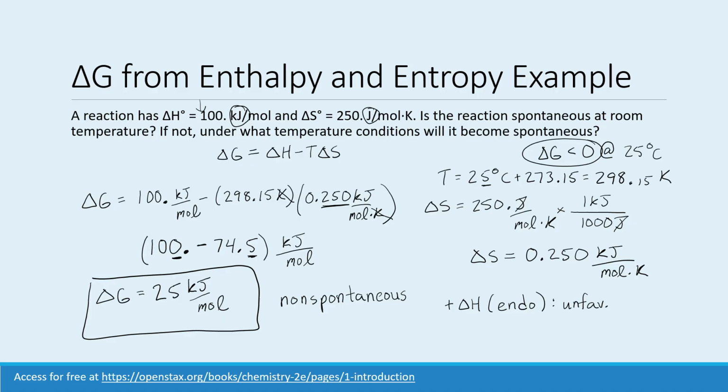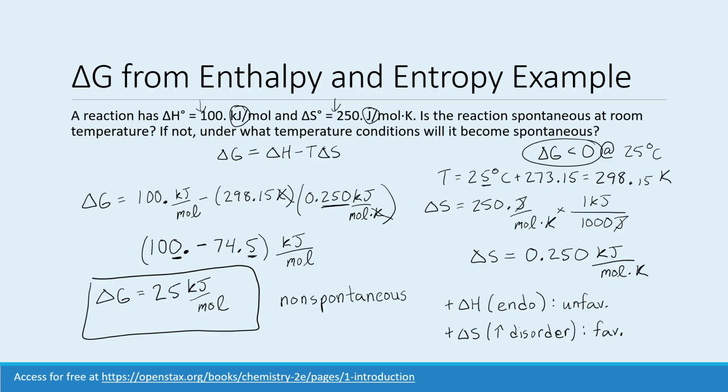Now the delta S value, our entropy, that is also positive. But when we have an increase in entropy, right, so we have a positive delta S, that is an increase in disorder. And that is favorable to a spontaneous reaction.